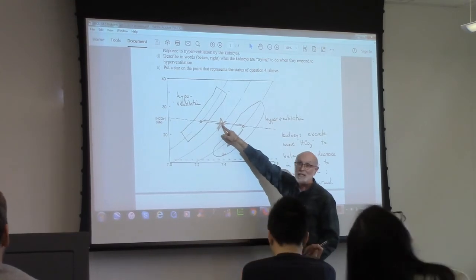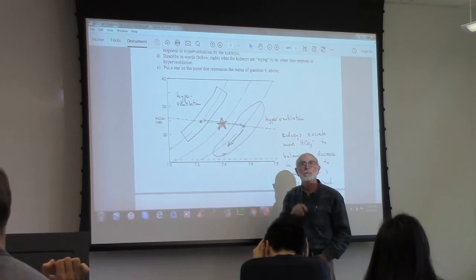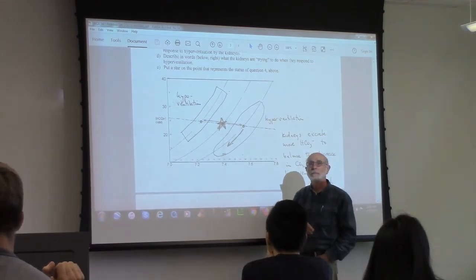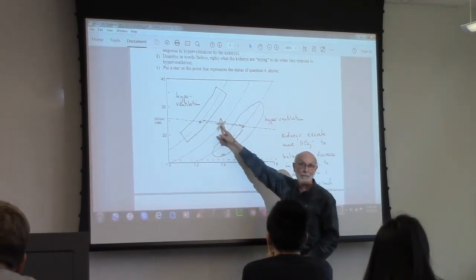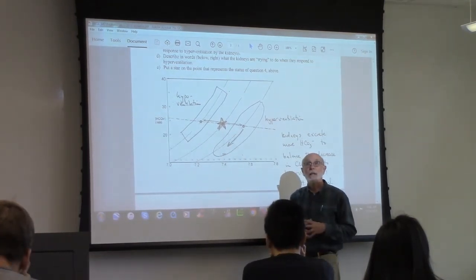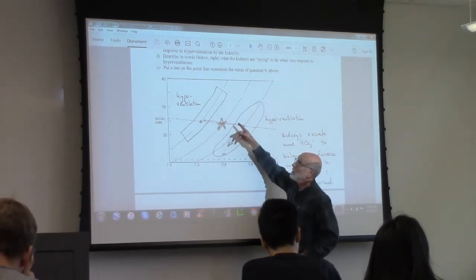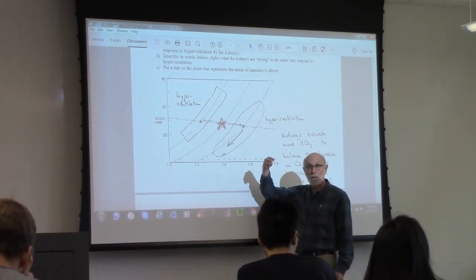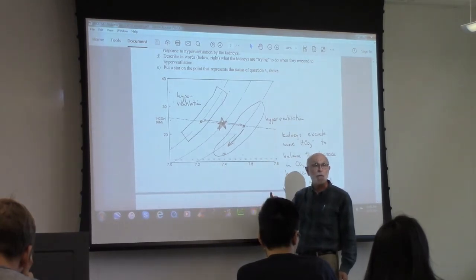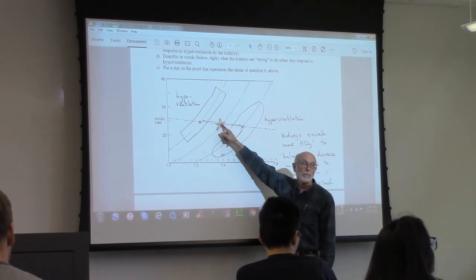So this is the position that is illustrated by question 4. He has high ventilation because he is producing a lot of CO2, but the ventilation is matching his production of CO2 so that his PCO2 is normal and his pH is normal.